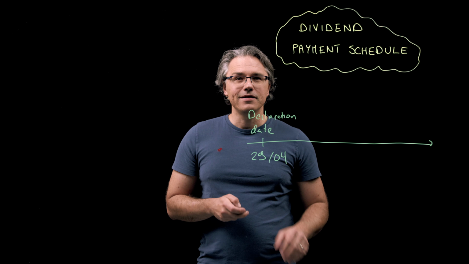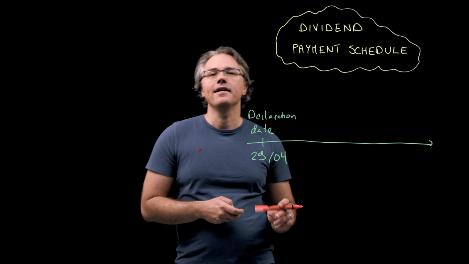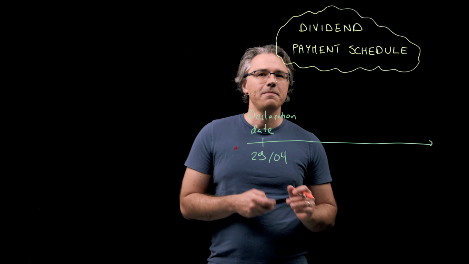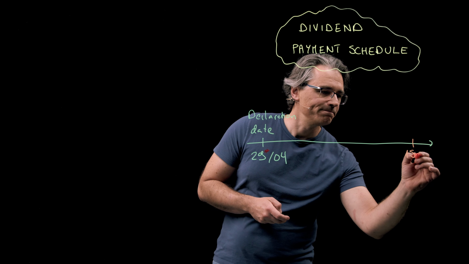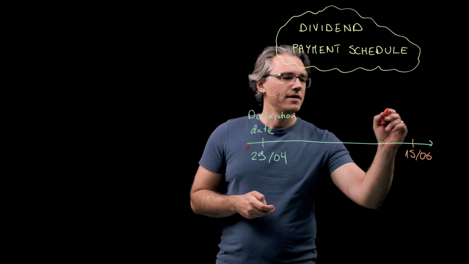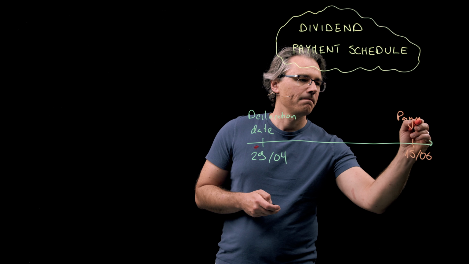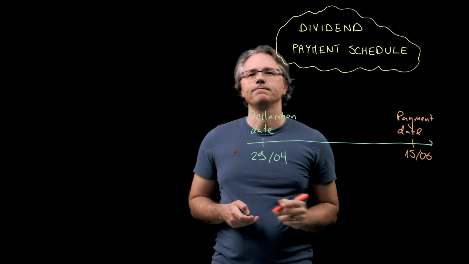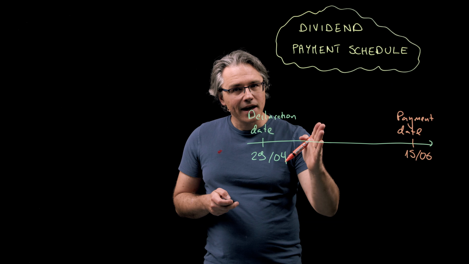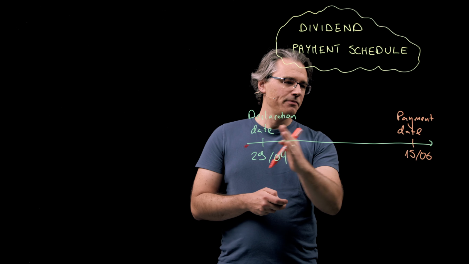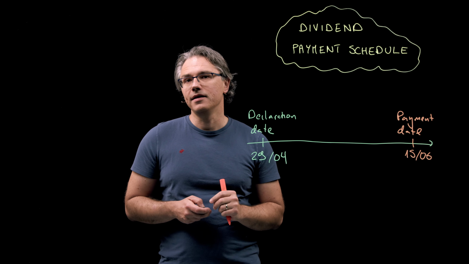Now, the dividend is actually paid at a later date, and that's the payment date, and this is the 15th of June. So this is the payment date. And what this question examines is your understanding of what happens in between these two dates.